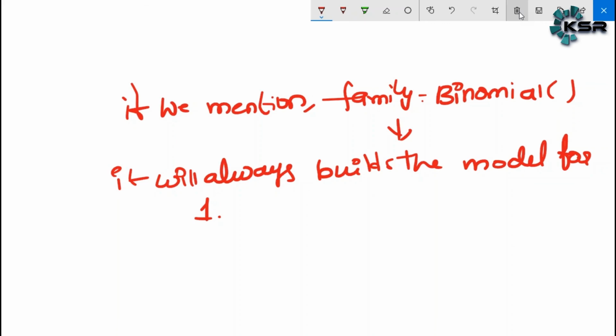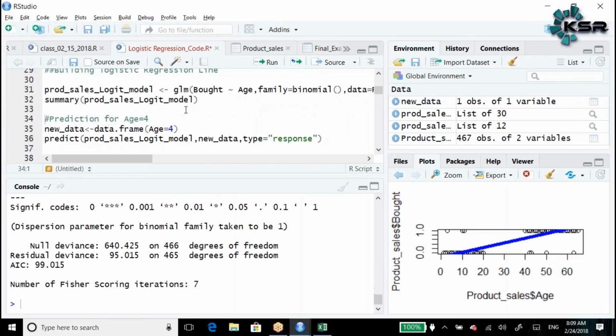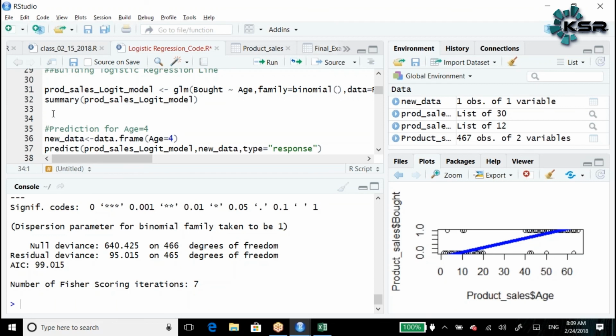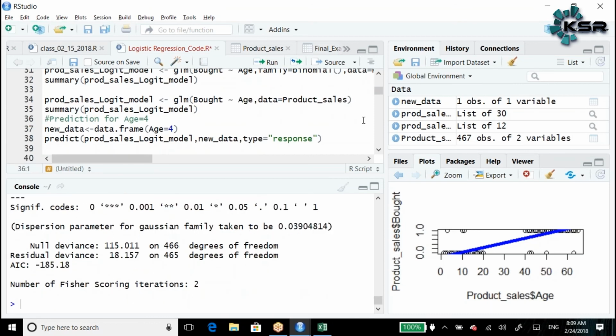What happens if we do not mention family is equal to binomial? Let me give an example. Here I am removing family is equal to binomial. See, dispersion parameter for Gaussian.